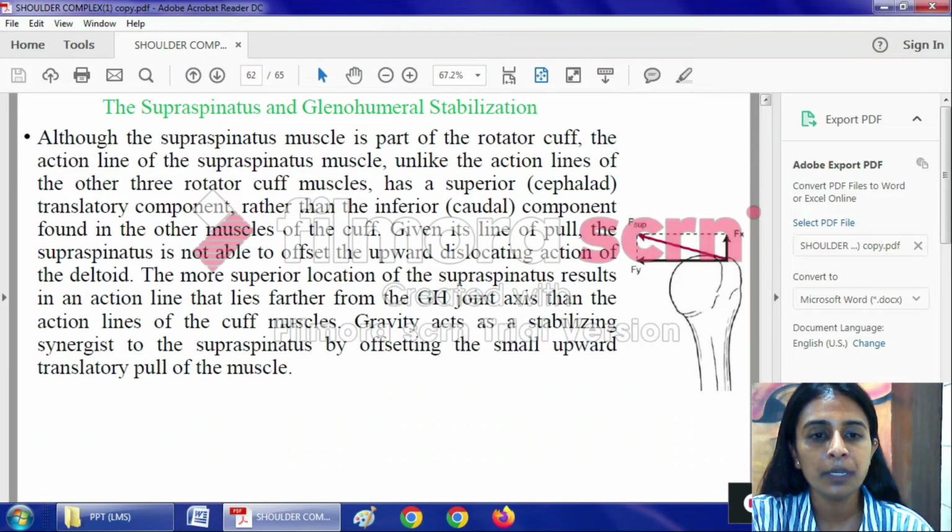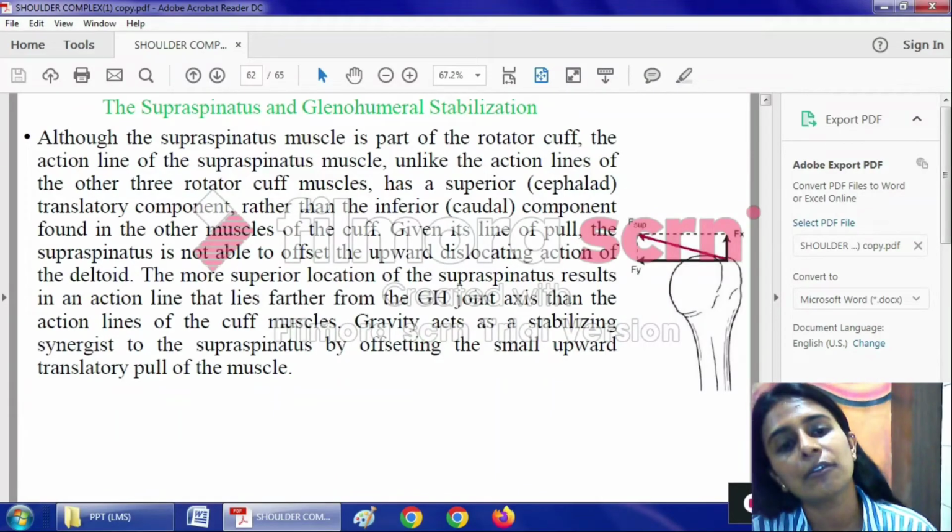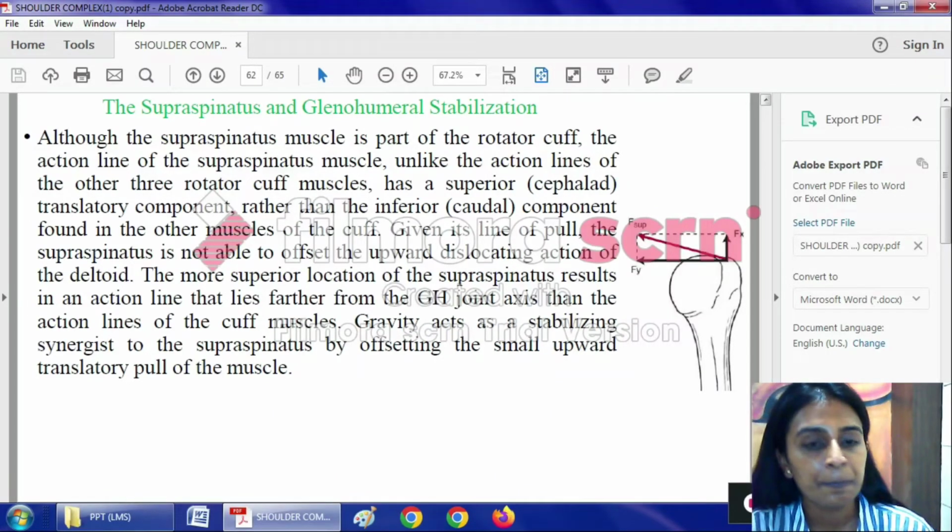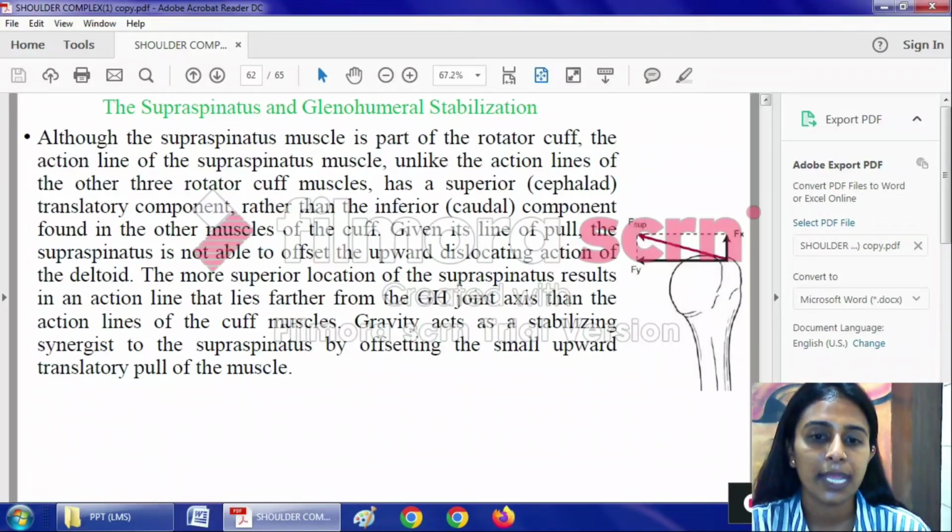The more superior location of the supraspinatus results in an action line that lies further from the GH joint axis than the action lines of the other cuff muscles. Gravity acts as a stabilizing synergist of the supraspinatus by offsetting the small upward translatory pull of the muscle.